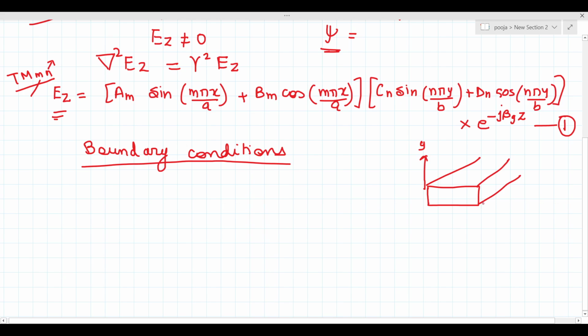Along y-axis, along x-axis we have this. So what is boundary condition? The tangential component of electric field, I'm repeating again, tangential component of electric field is 0 at the conductor surface.